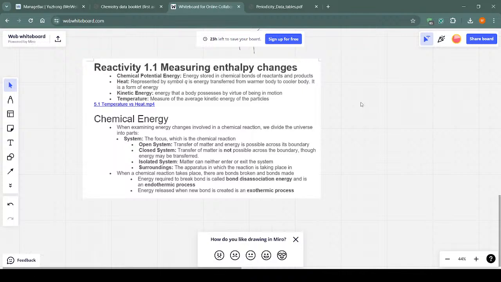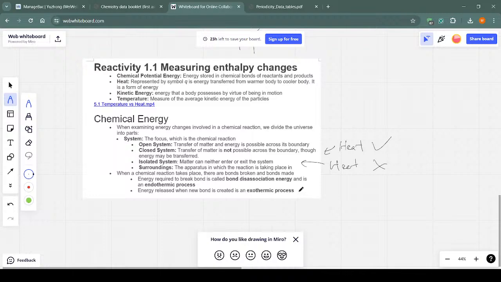The system is the focus, which is the chemical reaction. In an open system, transfer of matter and energy is possible. In a closed system, transfer of matter is not possible, though energy may be transferred. So closed system means heat can still go through, but in an isolated system, heat cannot go through. Surroundings are the apparatus in which the reaction is taking place.